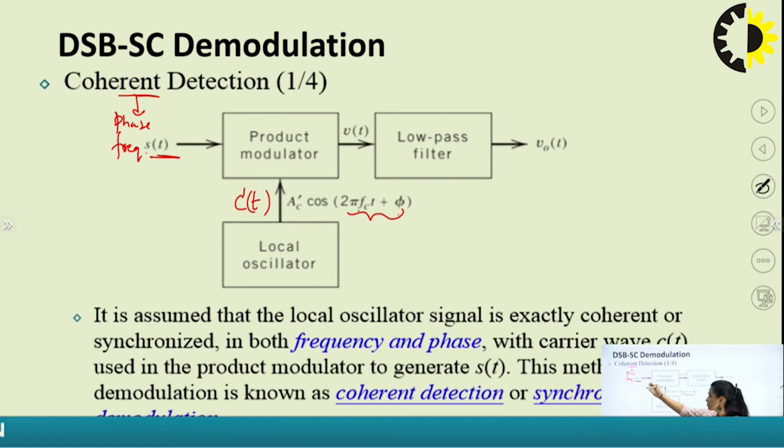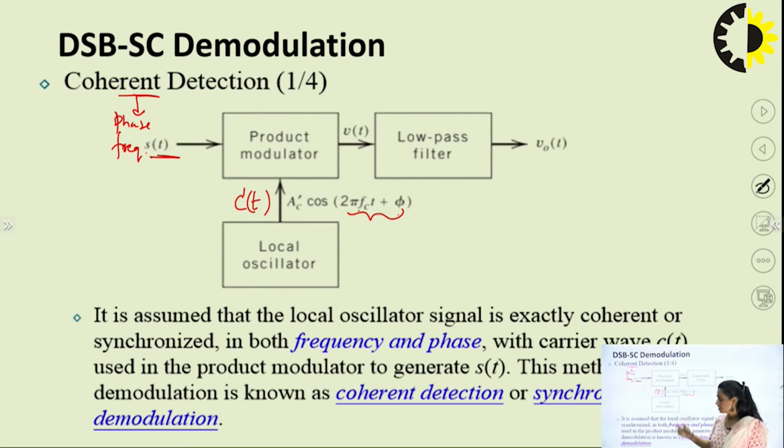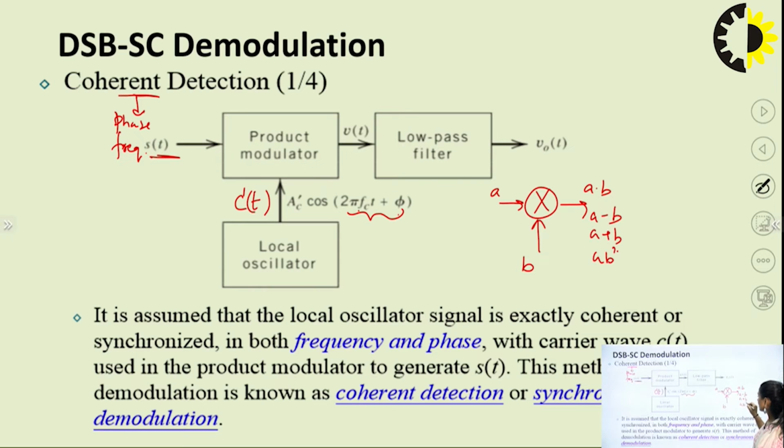So one of the two inputs is s(t), another input is my carrier wave, right? And what does the product modulator generate? If I give two inputs A and B, what kind of output do I expect? I expect A times B, A minus B, A plus B, AB squared, A squared B. There are several harmonics that I will be receiving.